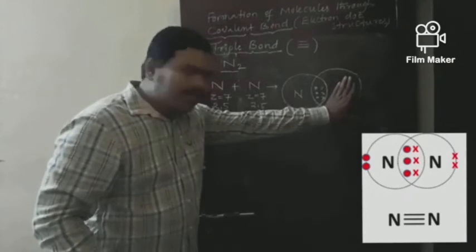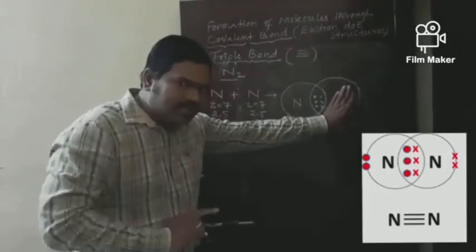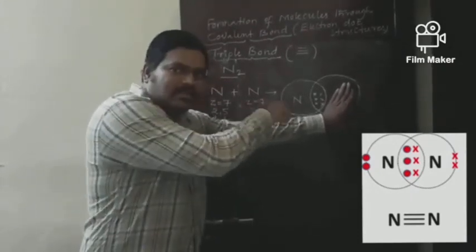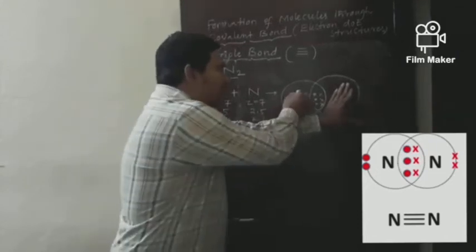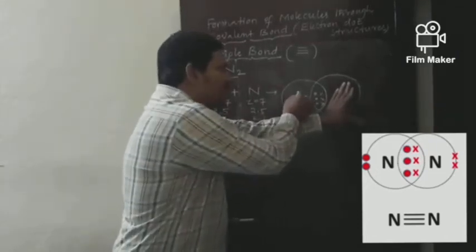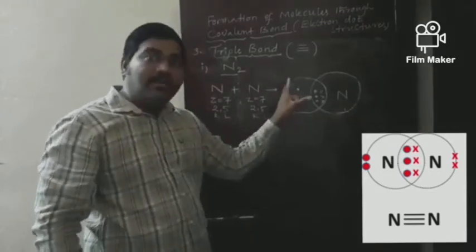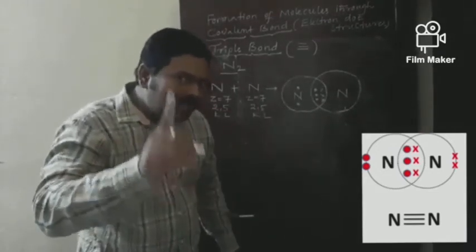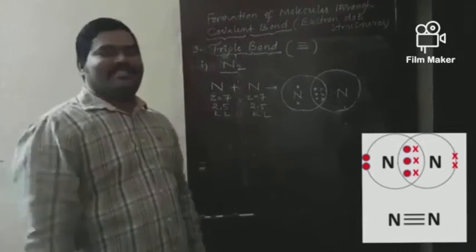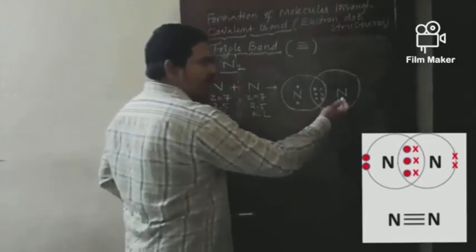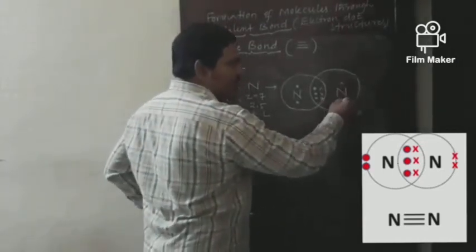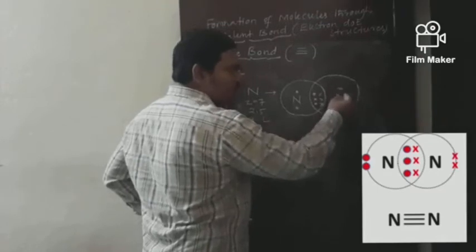After bond formation, if you count around one nitrogen, 6 electrons are already there. So let me take 1 dot here, 1 dot there, so as to complete 8 electrons. These 2 dots are called a lone pair of electrons. Like this, in the second nitrogen also, there is a lone pair of electrons.